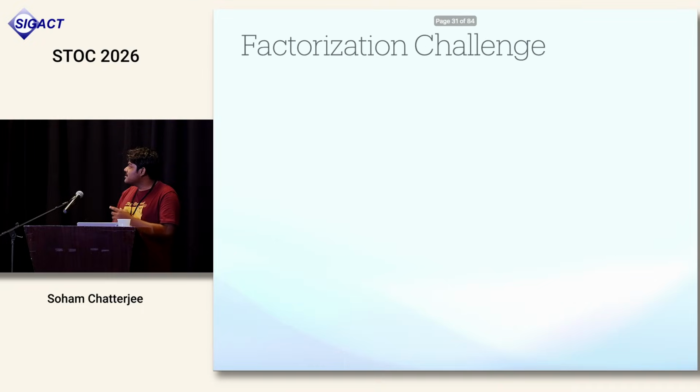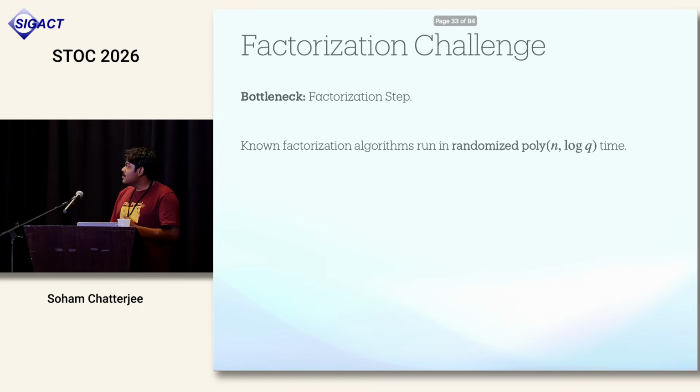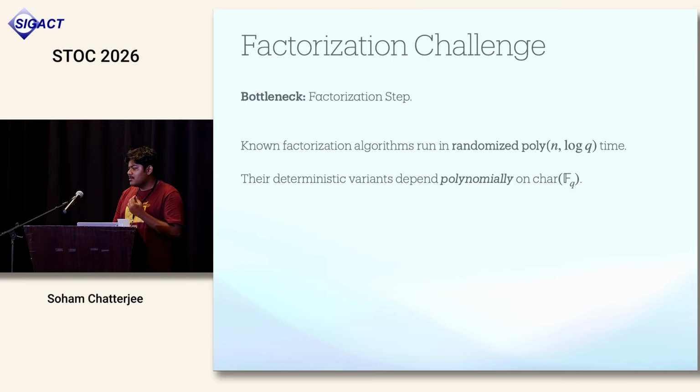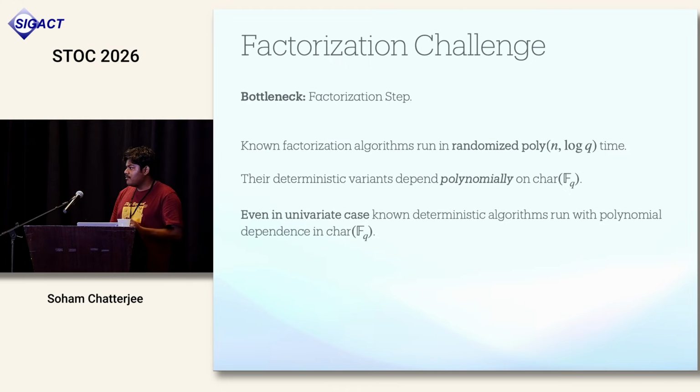But the main problem is the factorization step. All the known factorization algorithms that run in polynomial of n and log q runtime are randomized, and the deterministic variants run with polynomial dependence on the field characteristic. Even the univariate factorization algorithms have polynomial dependence on the field characteristic.